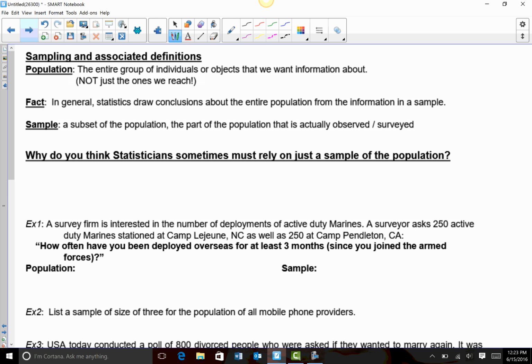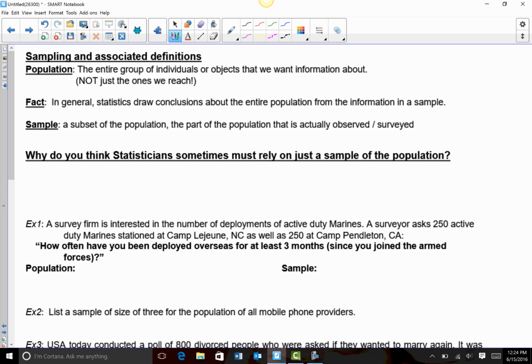Obviously, there will be times that statisticians are not going to be able to always rely on the full population. The full population would give us the best results, but there are many reasons why we can't always rely on the full population. Sometimes we have to get to just a sample. And I outlined that in the notes for you, but common reasons would be the expense and time involved with doing the full population.